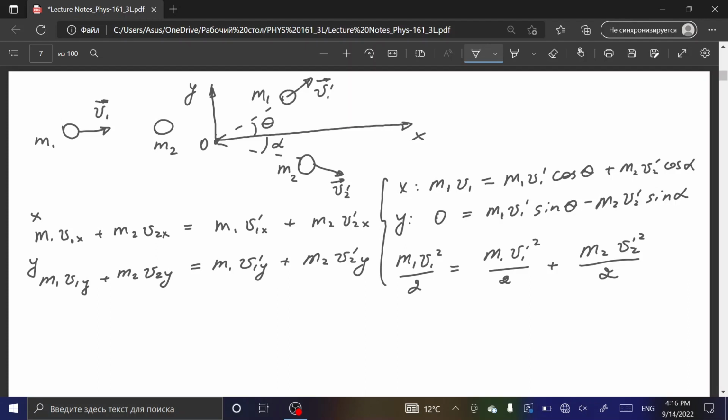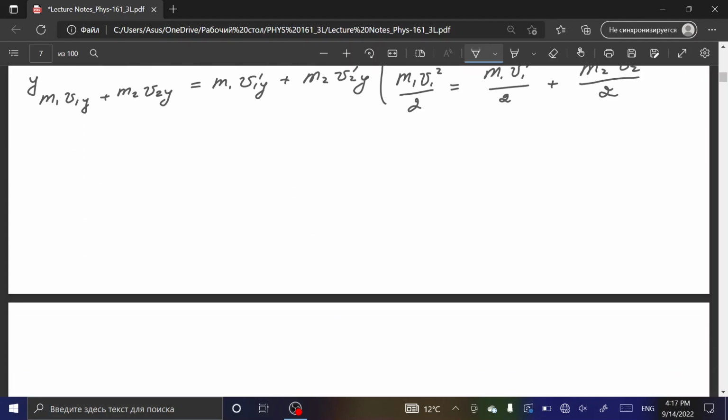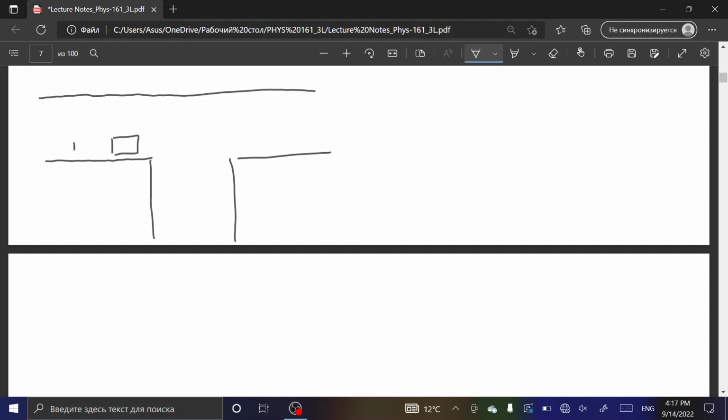Let us consider one more in two-dimensional space, an ideal inelastic collision. For this purpose, we will consider some T-shaped cross, two roads, and two cars. So car 1 with mass m1 and velocity vector v1.